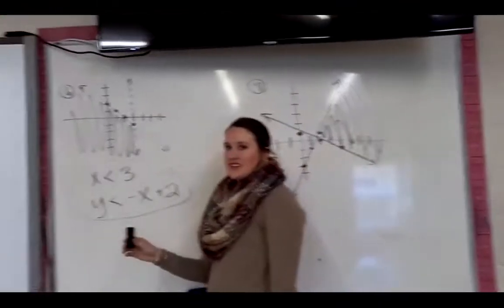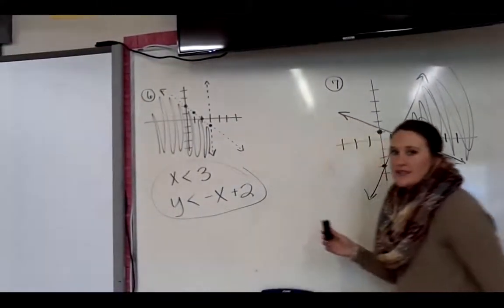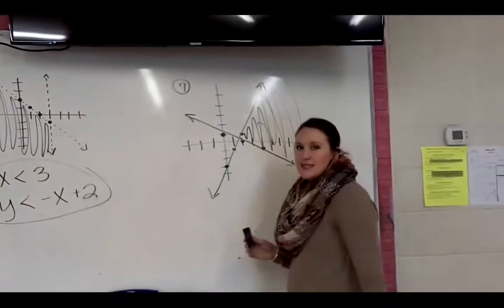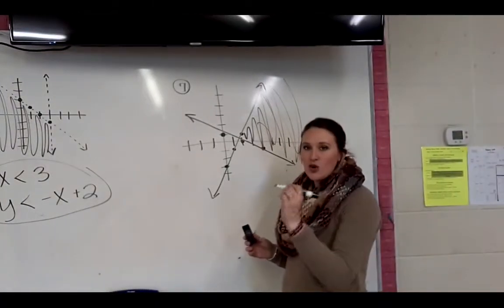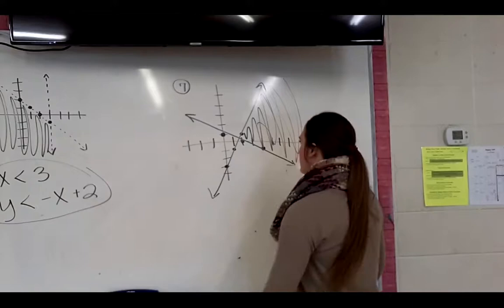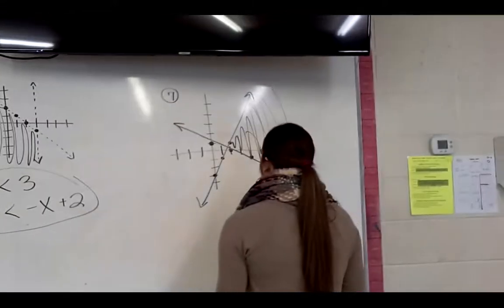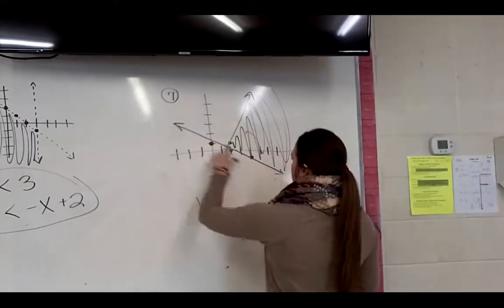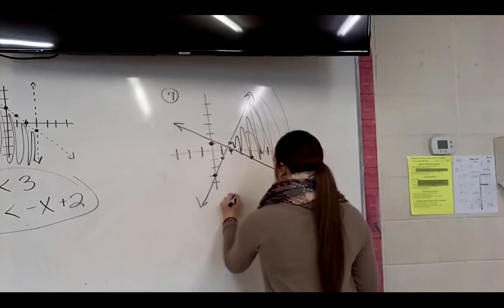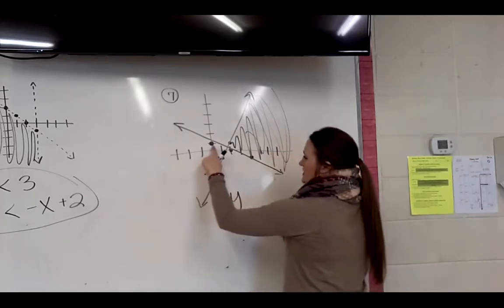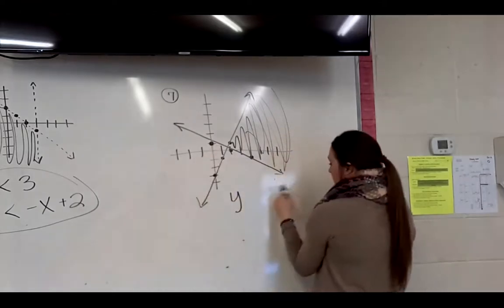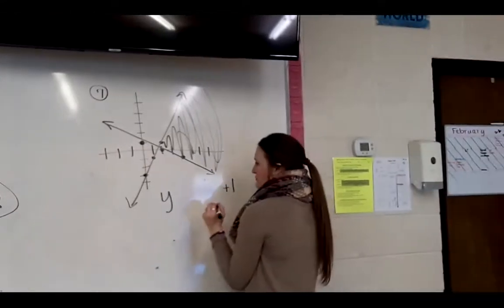Oh, so you can see it a little better. Okay, on 7. These are both solid lines, so both of them have the or equal to line underneath. Okay, so just pick one of them. It doesn't matter. I'll start with this one. It crosses the y-axis at positive 1, so I have some other stuff, plus 1.